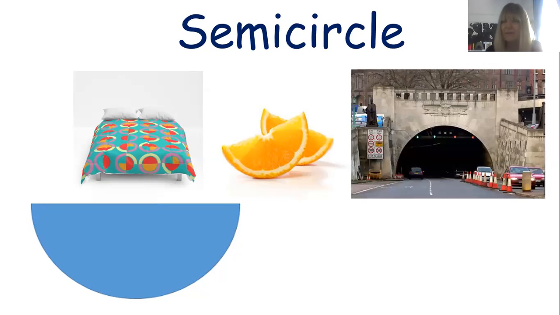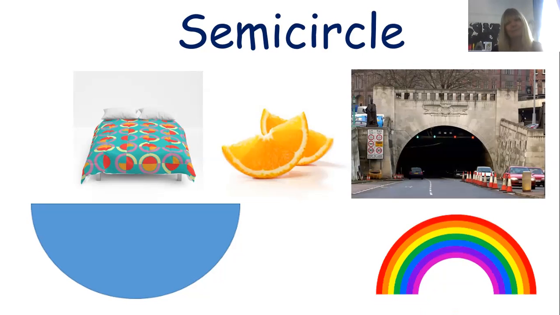Cars going in and out of a tunnel, and look at the shape of the tunnel. It's a semicircle. Finally, a semicircle that we've seen lots of recently because it makes us think good things about the coronavirus and how we're all coping brilliantly at home. It's a rainbow. A rainbow is a semicircle.